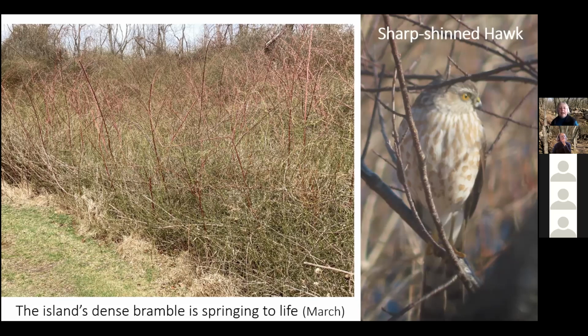You think of a falcon, they have long pointy wings, which is great for soaring and speed. But in the case of the sharp-shinned hawk and the Cooper's hawk, they're really much more adapted to a denser hunting area. And here this little guy was perched up looking at something. Usually when I take a picture like this, they're looking at me, but this had its eye on something else.